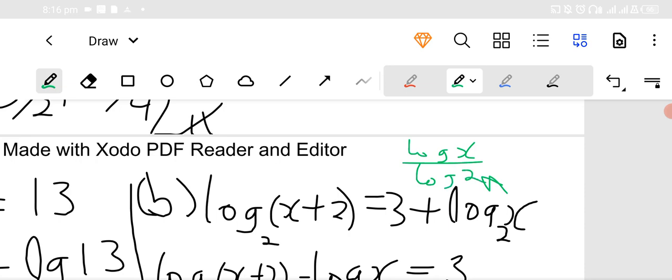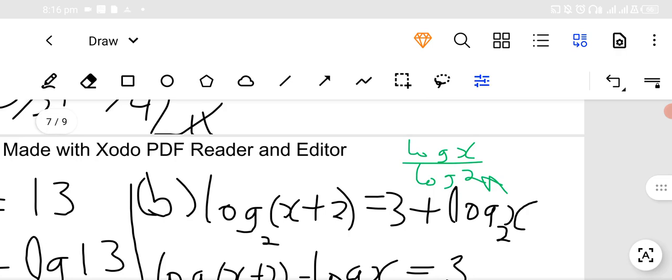That's how you write it as change of base formula. So log of 15 over 7, then divide by log 2.